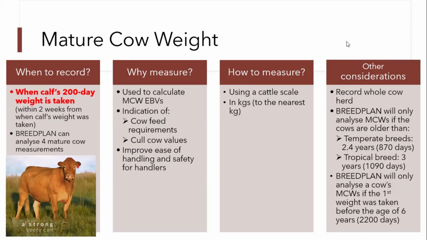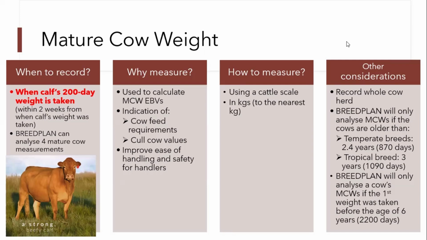Why do we measure it? We measure it to calculate mature cow weight EBVs, and it gives us an indication of the cow's maintenance requirements and also your cow values.